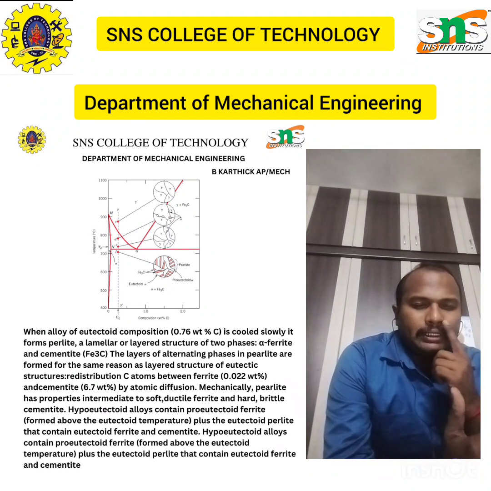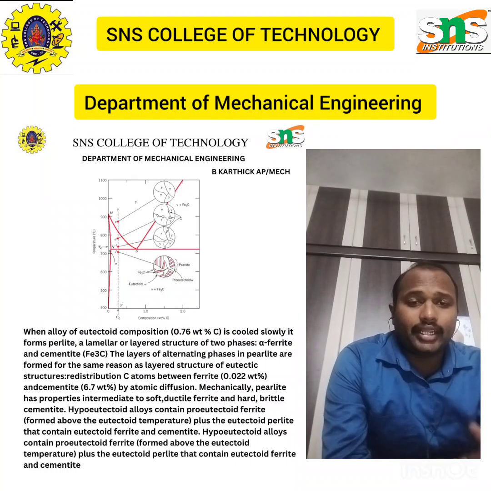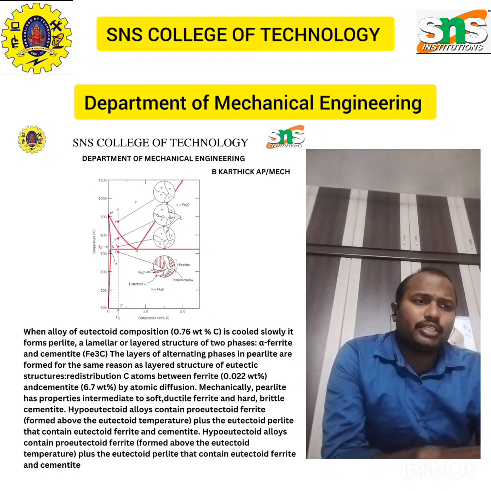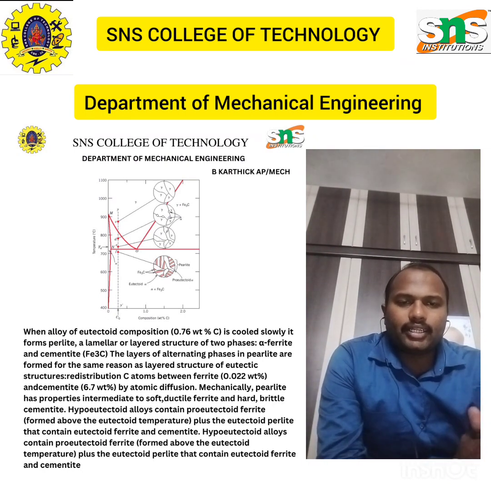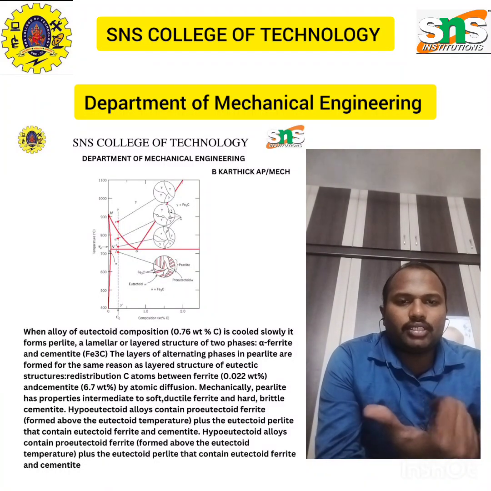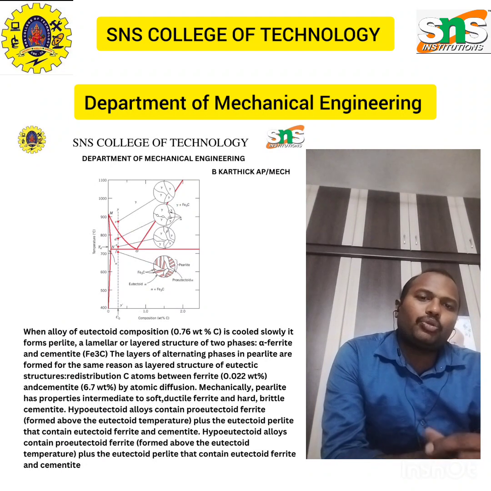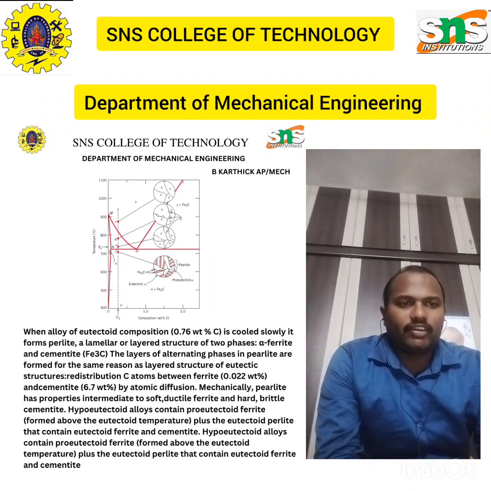So you can see a layer is formed in between the grains of the pearlite. As we compare to the previous hypo-eutectoid steel, you can clearly say here the pearlite is combined with the pro-eutectoid Fe3C. In hypo-eutectoid steel, you can see pro-eutectoid alpha. Here you can see pro-eutectoid Fe3C.